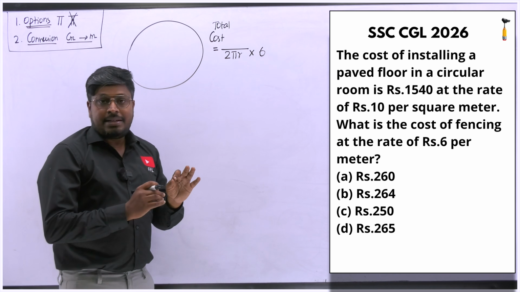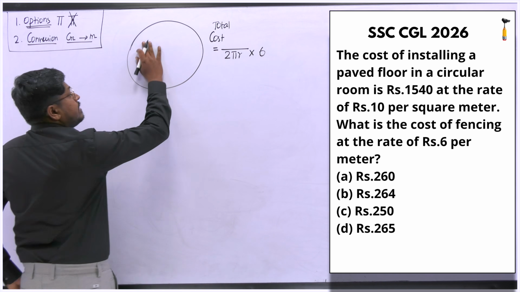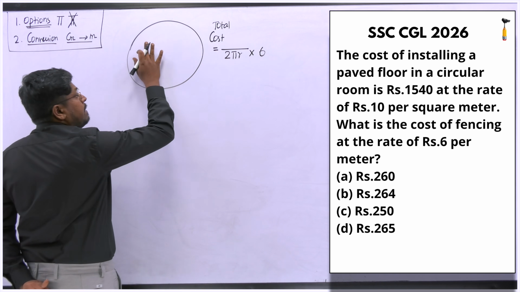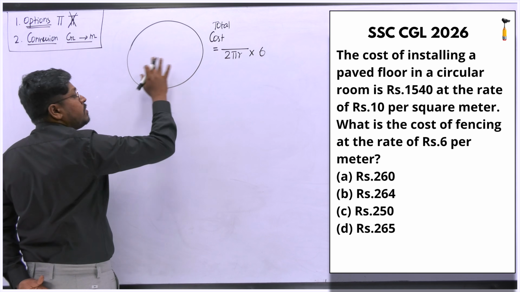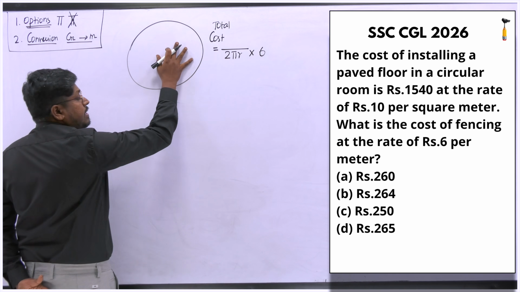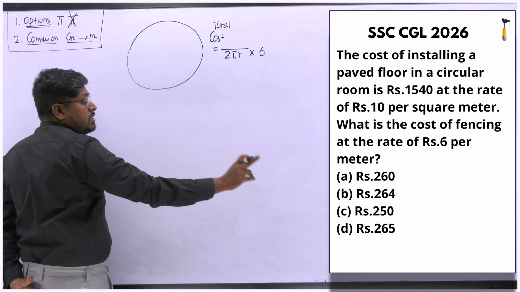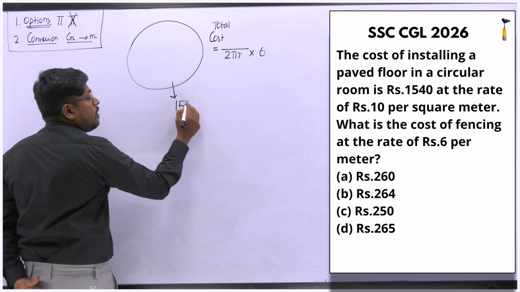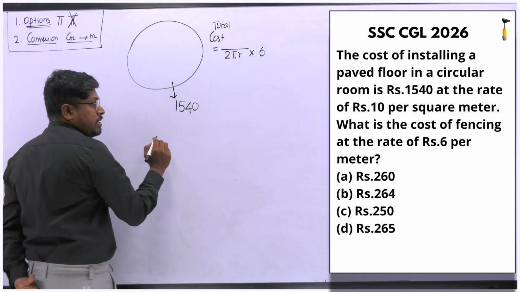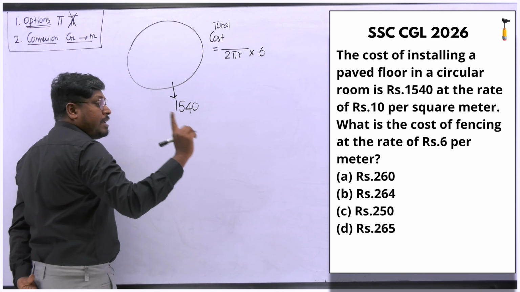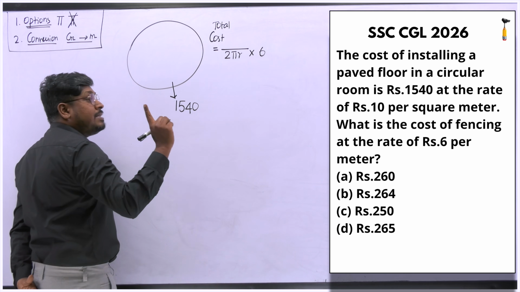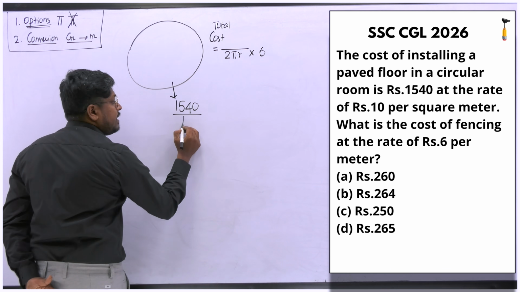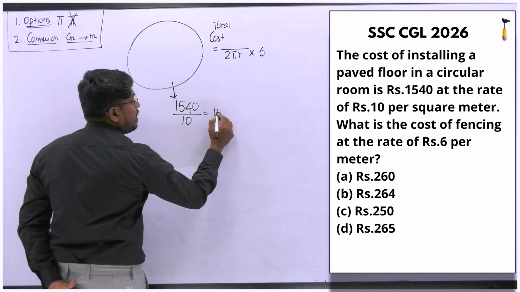They have paved the tiles over the complete area. The total cost is 1540, and for every square meter they have charged 10 rupees. So when you divide this by 10, the resultant will be 154.